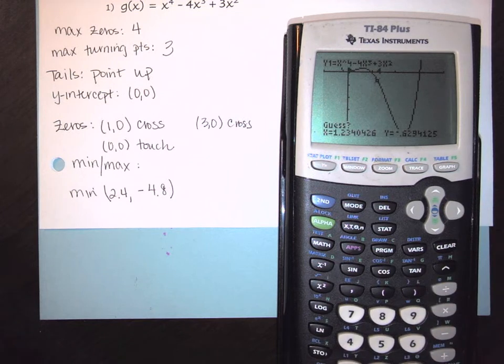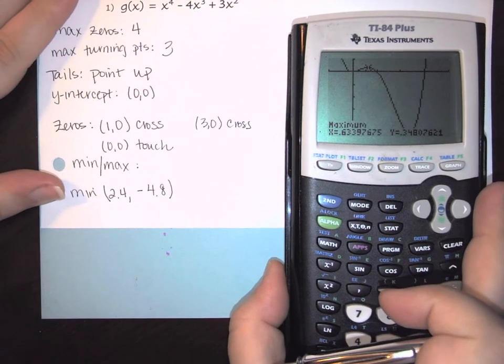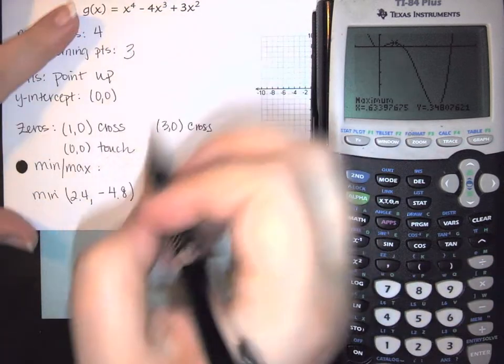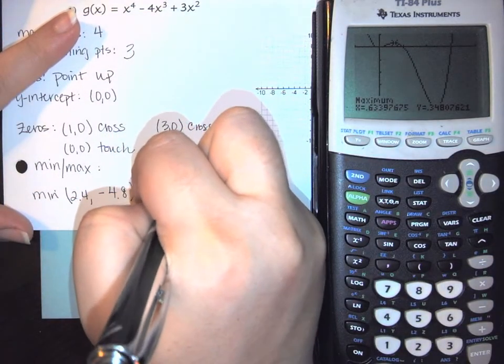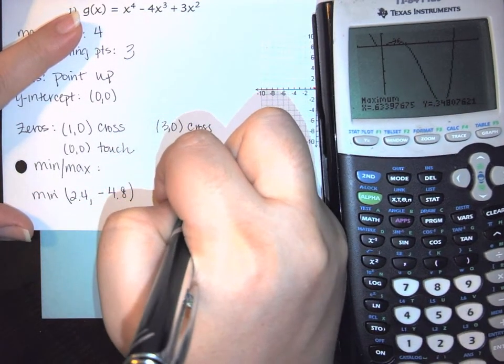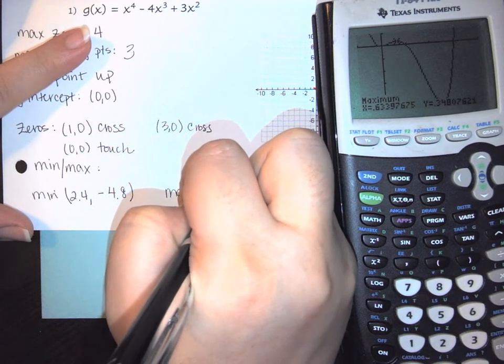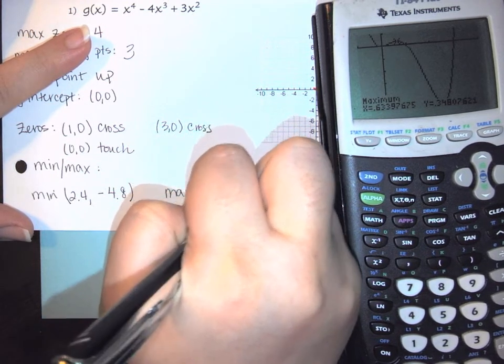And then we're going to go ahead and guess. And here it's going to tell us that we have a maximum point. That maximum point is going to be the point 0.6 and 0.3.